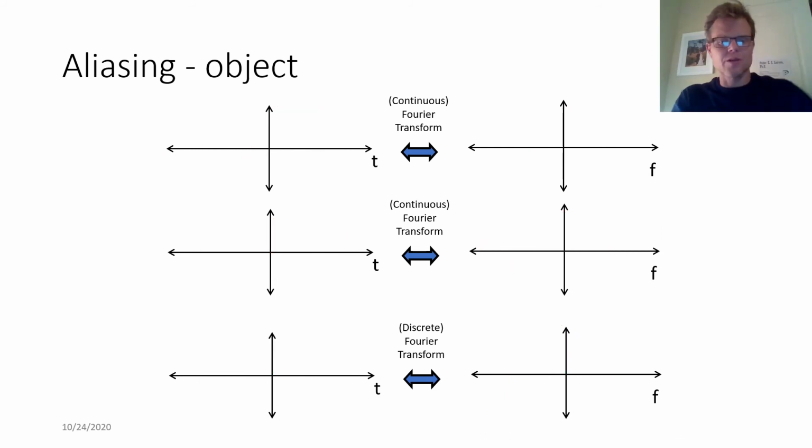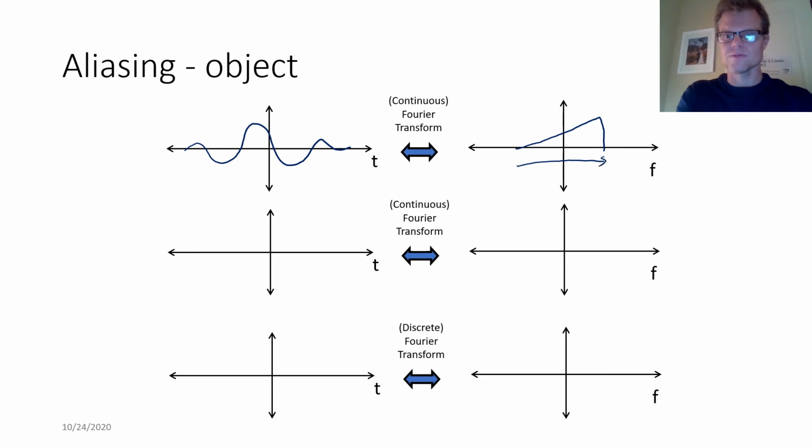So let's go through another example where maybe we have some fictitious object. They often look kind of like a sinc function. And let's say it's some band limited object.